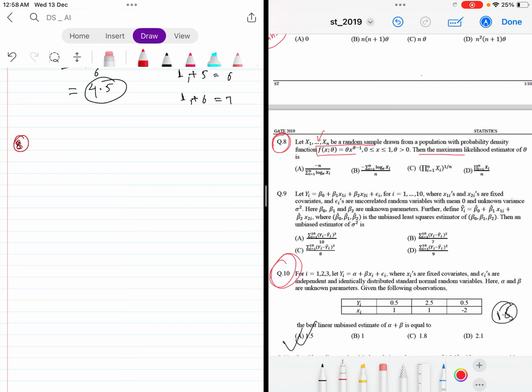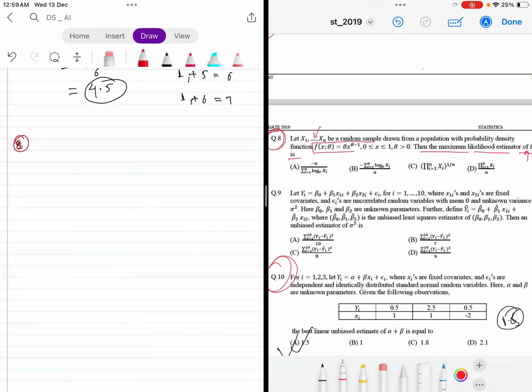The maximum likelihood estimator of theta is, so we will have to find what value of theta gives the maximum probability, right? So we will have to find that.